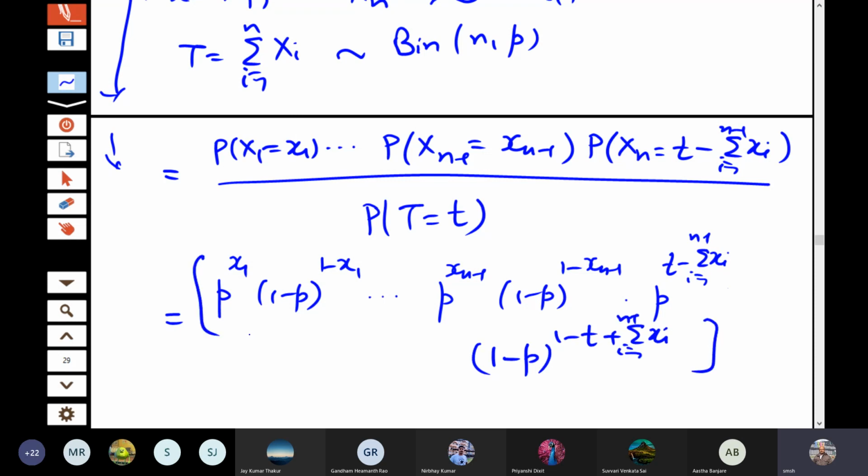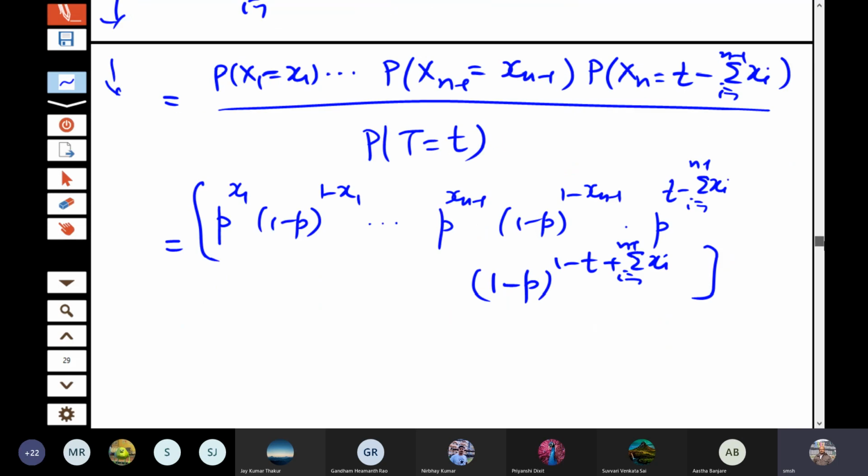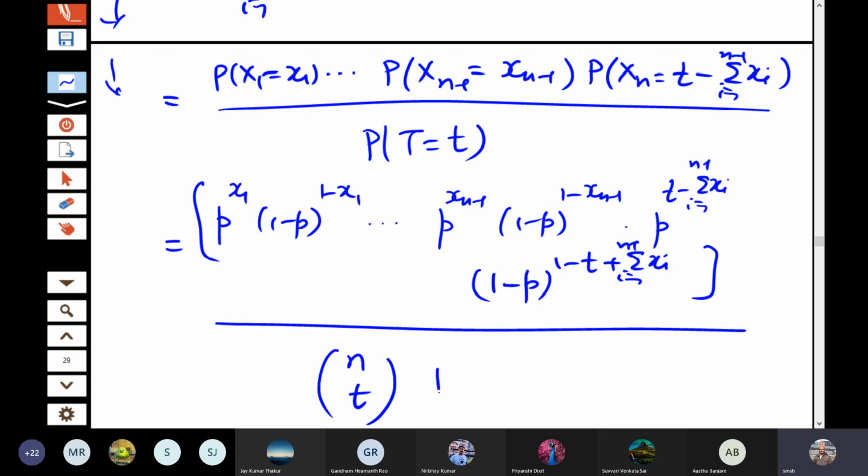That is the numerator term. And the denominator I don't calculate here because this is nothing but binomial. So it will become n choose t, p to the power t, 1 minus p to the power n minus t.